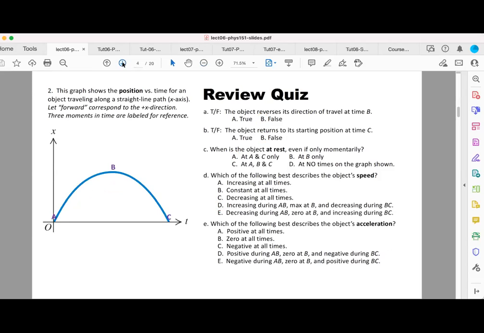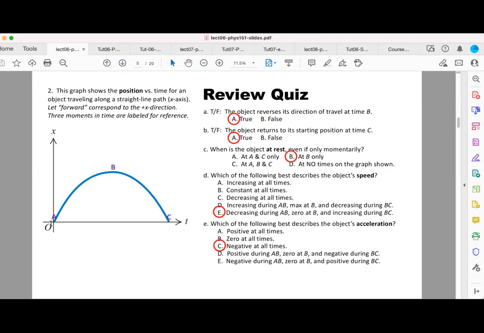Okay, so I don't know if we want to review also this position quiz. Here we have position versus time, for an object that is traveling along a straight line path.